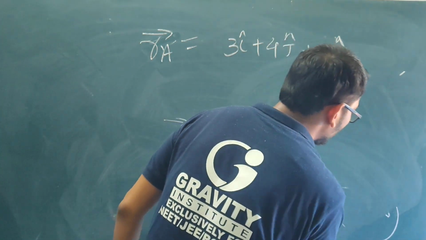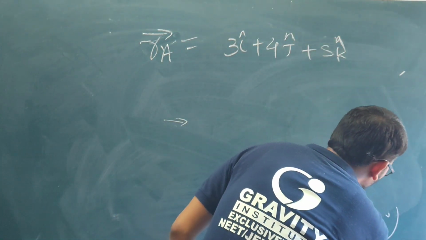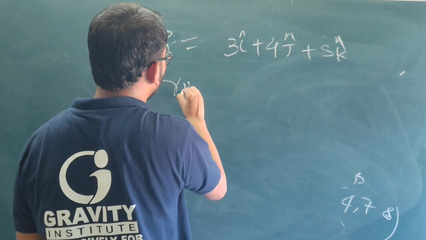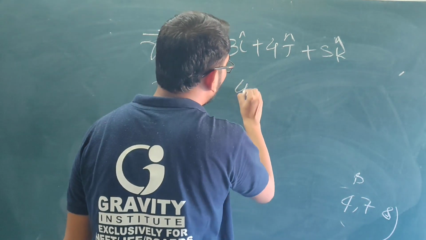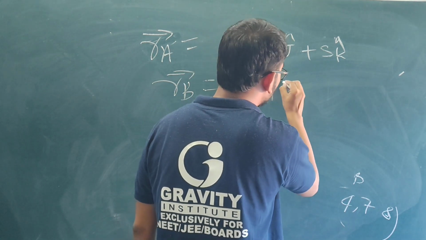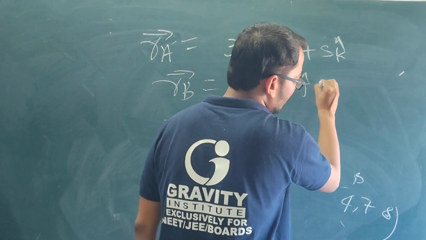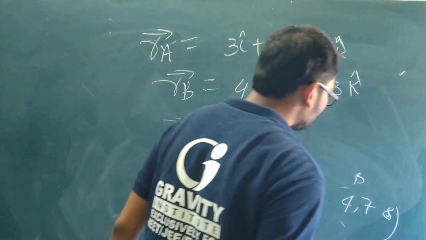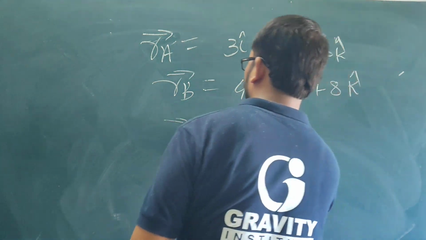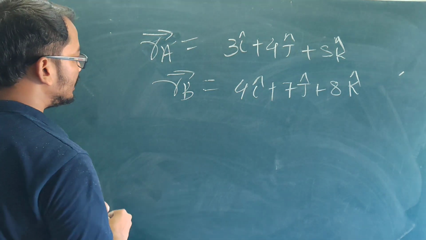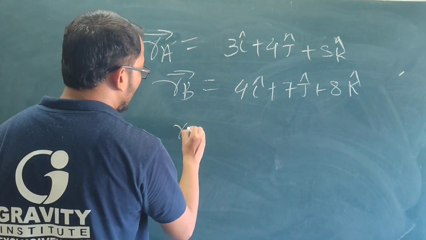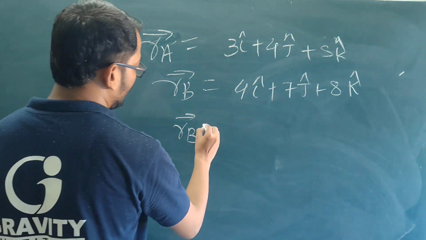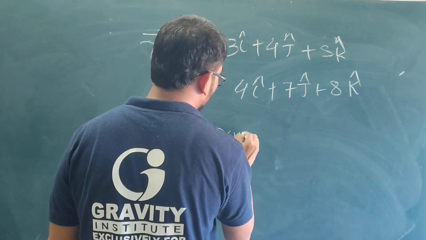The position of B is 4, 7, 8, so RB is 4i plus 7j plus 8k. So what is displacement? Displacement is RB minus RA, because the particle is finally at B.